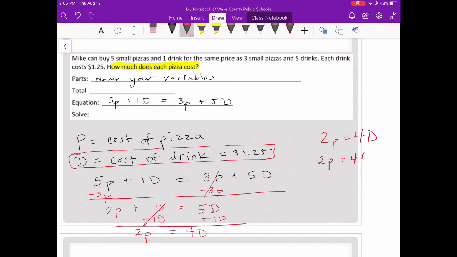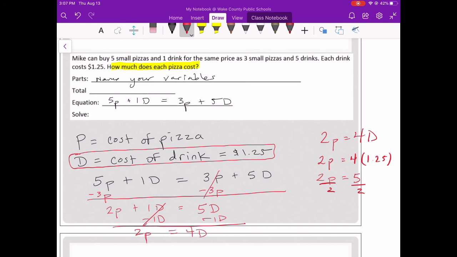So 4 times 1.25. Now, some of you can do that in your head. Some of you will grab your calculator and you'll do that. Either way is fine with me. 4 times $1.25 ends up being $5. So then I just want to make sure I solve for p. Now I'm going to end up solving for p by dividing both sides by 2, because 2p is 2 times p.